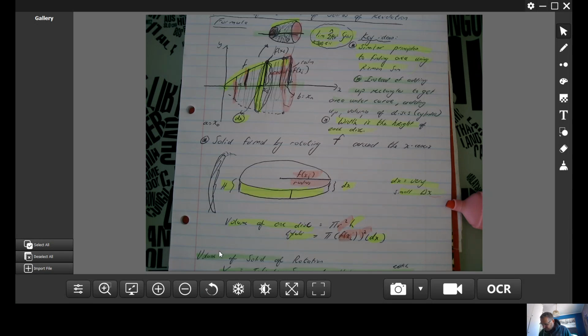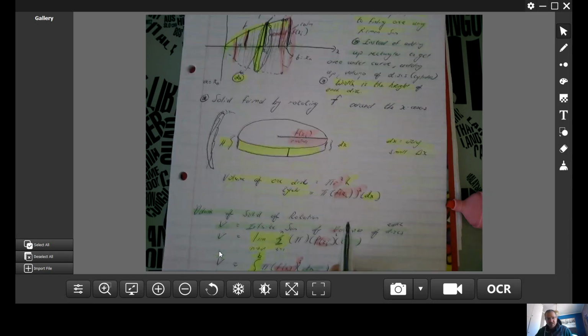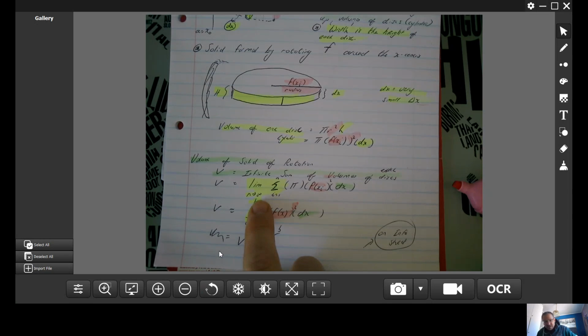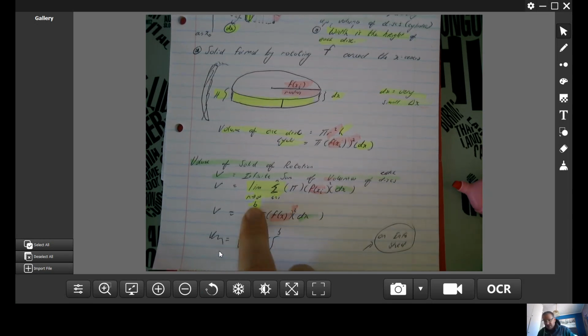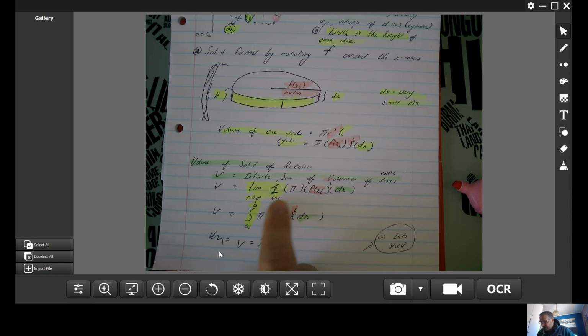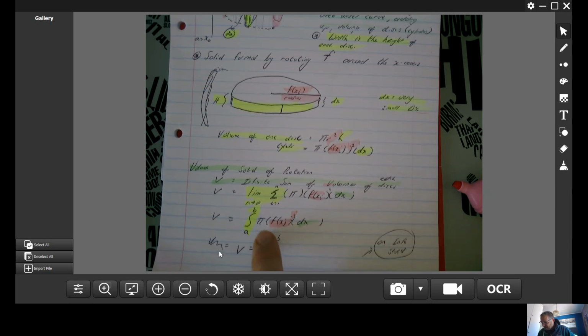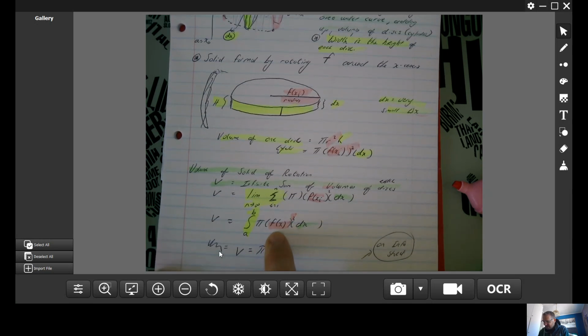So this is where our formula comes from. Sorry, I said the limit as n tends to infinity, the infinite sum of the volumes of each disk is the limit as n tends to infinity of the sum from i equals 1 to n of pi f of xi squared dx. We drop the xi notation once we move over to integral notation.